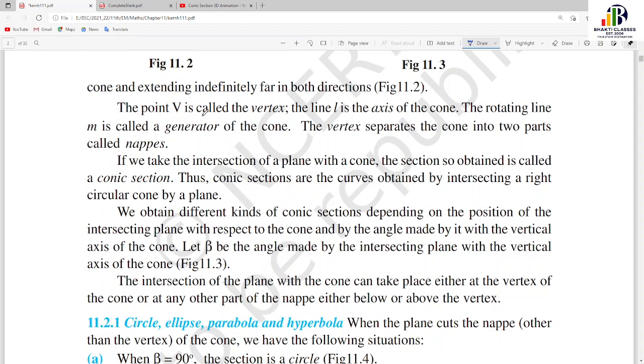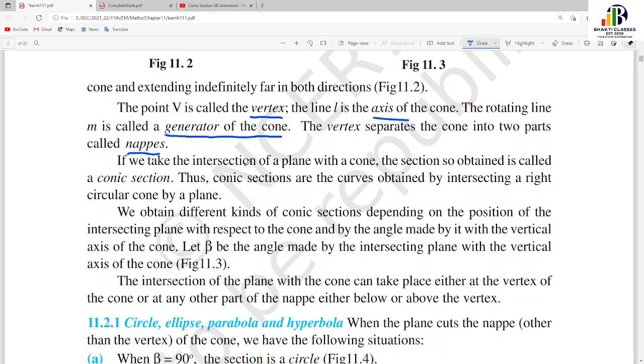The point V is called the vertex and the line L is the axis of the cone. The rotating line M is called the generator of the cone, and the vertex separates the cone into parts called nappes.